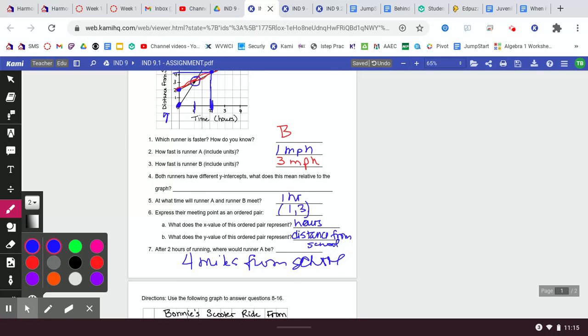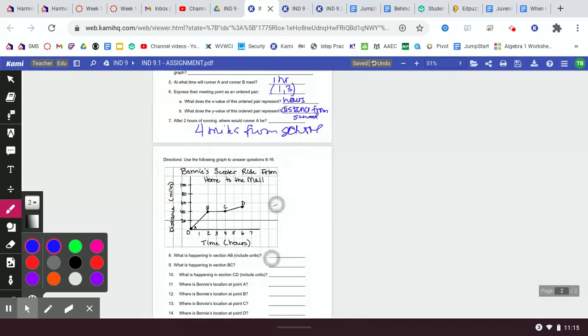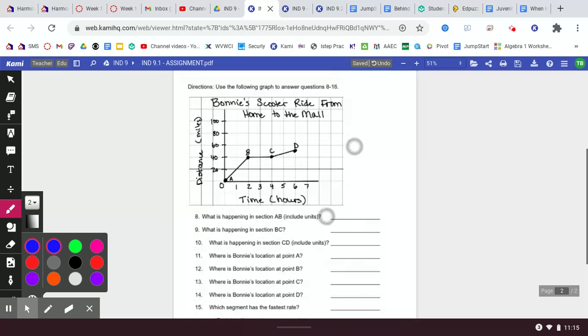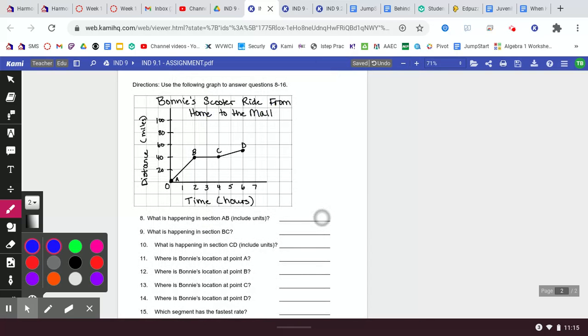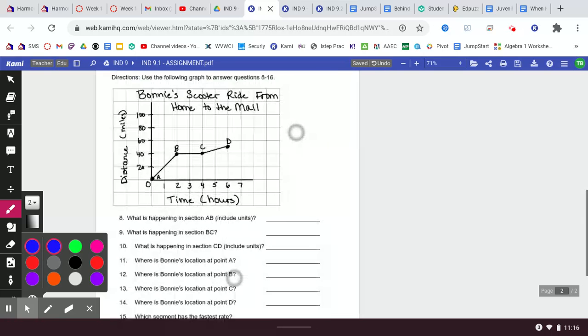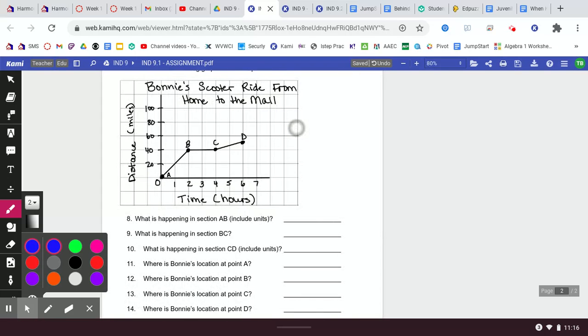Okay. Let's look at Bonnie's scooter ride from home to the mall. Camden, what is happening in section AB? Right. She's traveling 20 miles per hour. And the way we got that is it's distance over time. And the distance from A to B is 40.